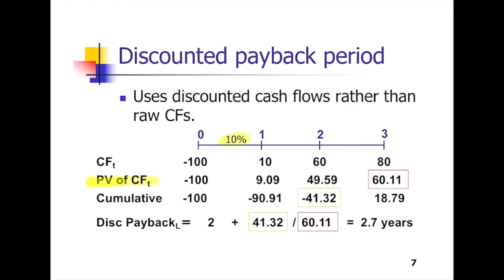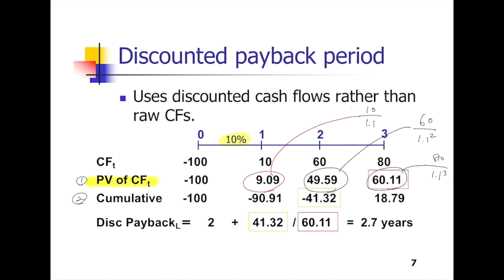And we can calculate the present value of the cash flows, and this number can be calculated by 10 over (1 + discount rate), and also this number 60 over (1 + discount rate) to the power of 2, right? Discounted 2 times, and this number 80 over (1 + discount rate) to the power of 3, right?